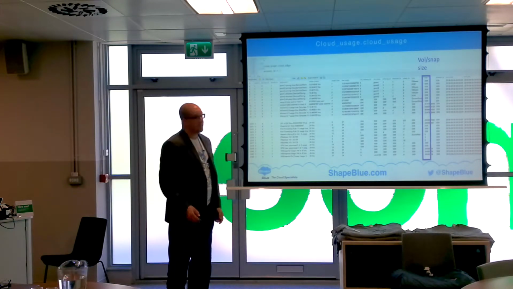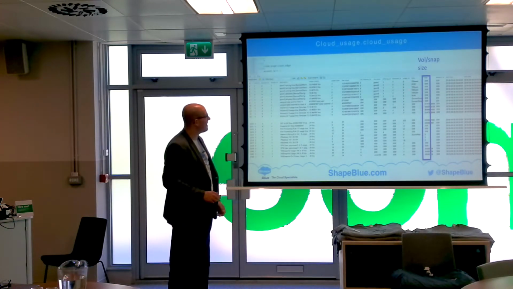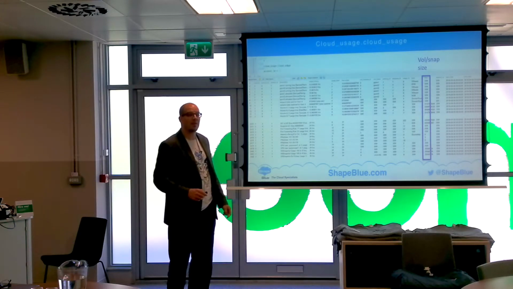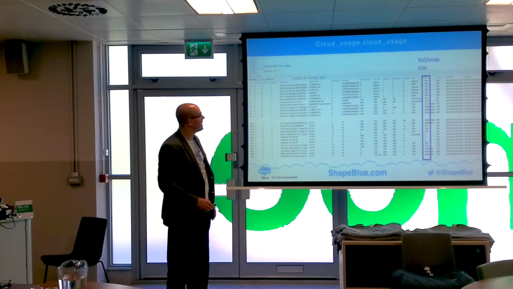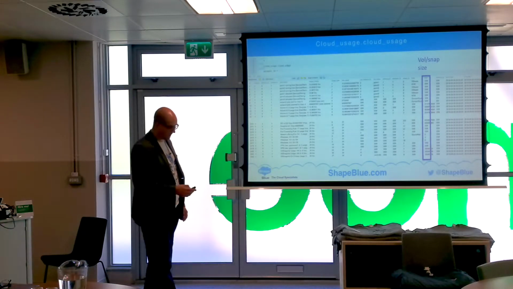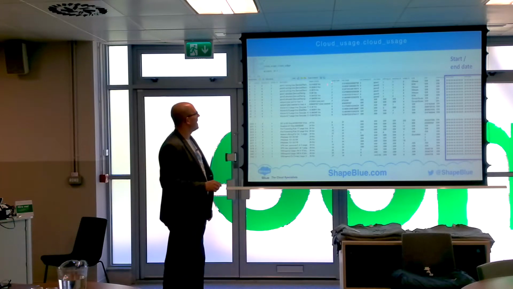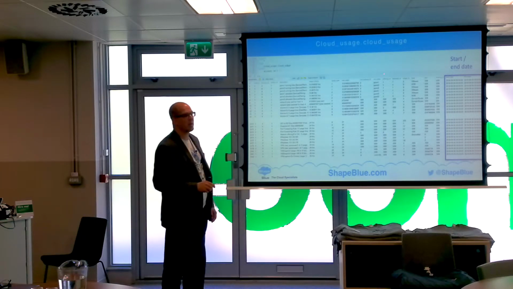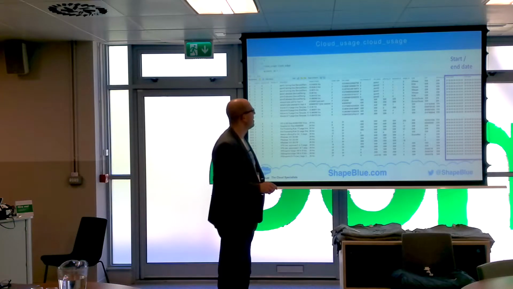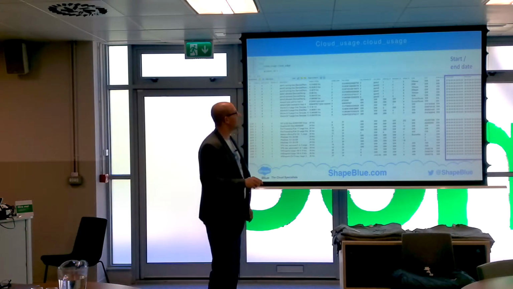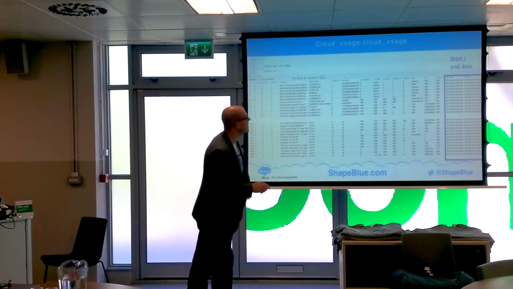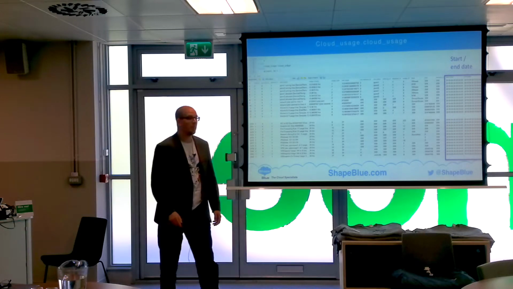Volume or snapshot size, there you go, is again depending on if it's a storage-related usage we're tracking or not. And at the end here, we then have start and end date. In other words, those 10 hours, when were they utilized? In this case, we have between the 6th of September at midnight and 23:59 on the same day.